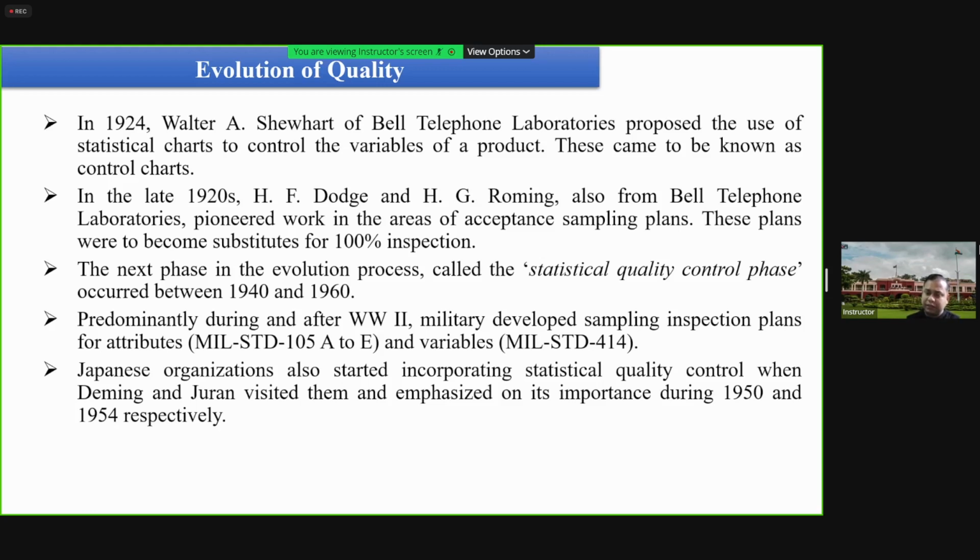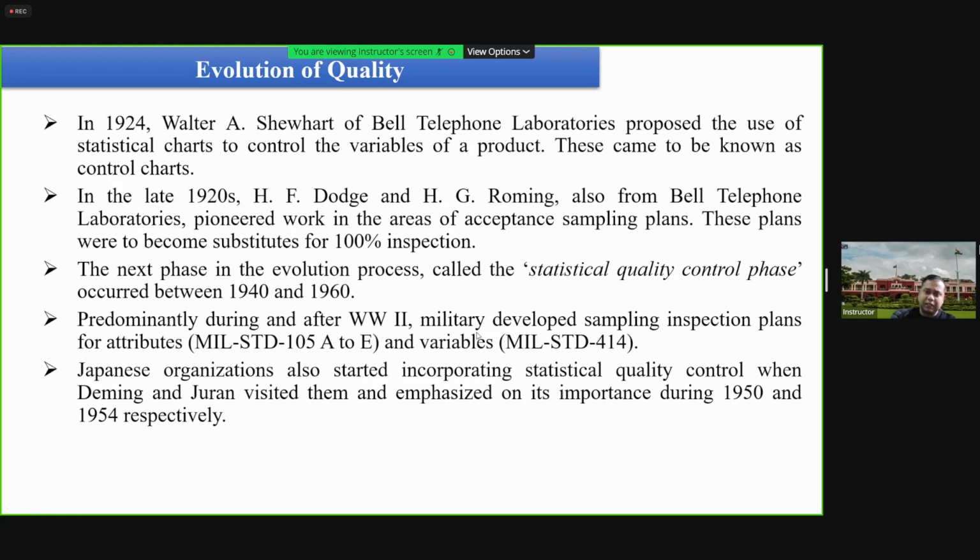After that, the other US organizations realized the importance of quality management, and they also started adopting those techniques.